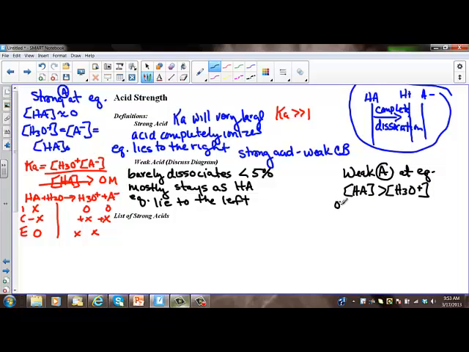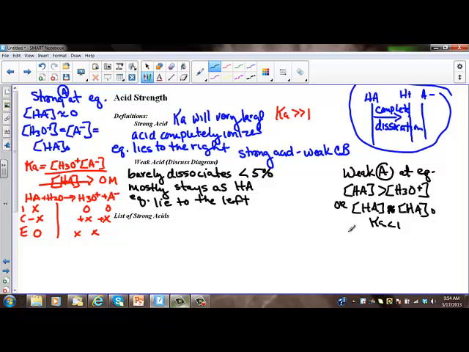Or what we can say is that the HA is still approximately equal to whatever the HA was initially. Your Ka is less than 1.